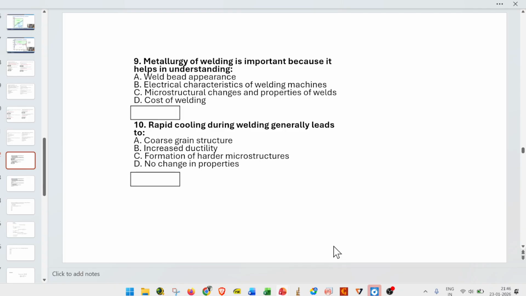No, because we want to see how the microstructure is affecting. Next, electric characteristics of the welding machines? No. And C, microstructure changes and properties of the weld. This is the crucial aspect, because the strength of the joint depends on it. And D is the cost of the welding. So the answer will be C.